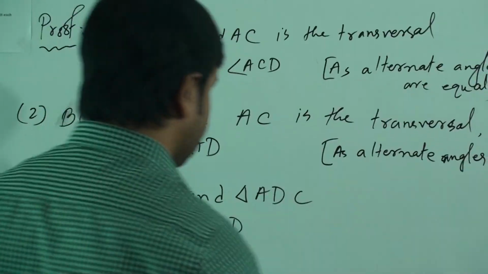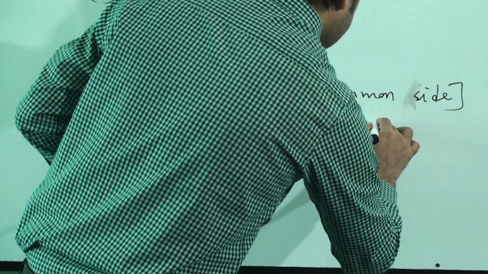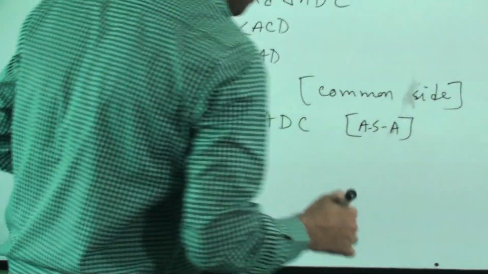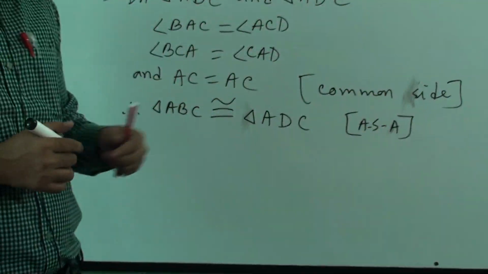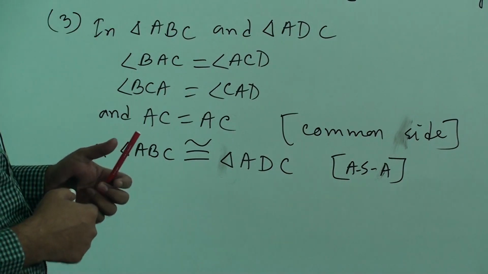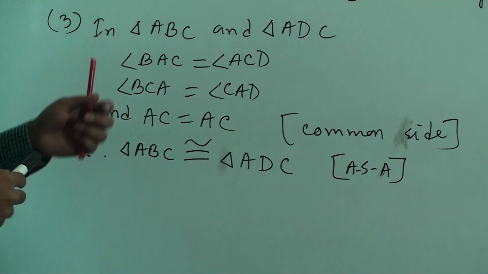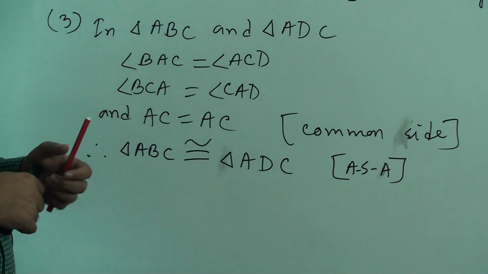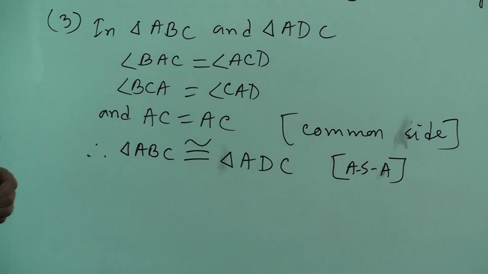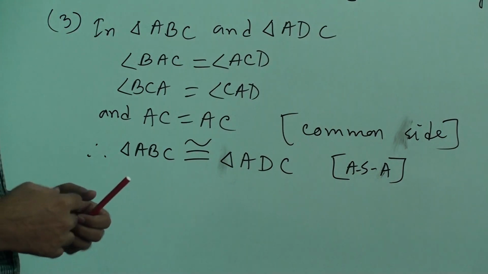The angle side angle theorem of congruency, that you have learned in class 7, means when two angles and their adjacent side of a triangle are equal to two angles and the adjacent side of another triangle, then the two triangles are said to be congruent.